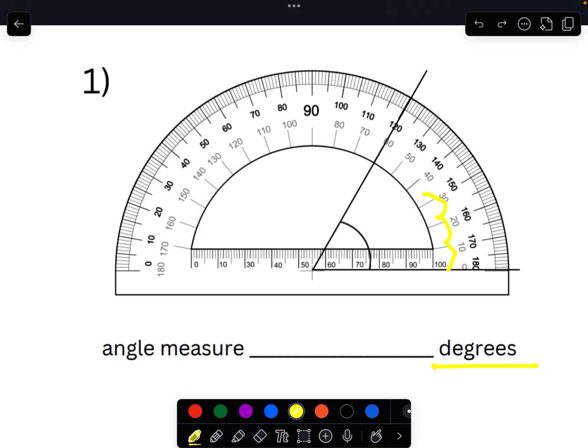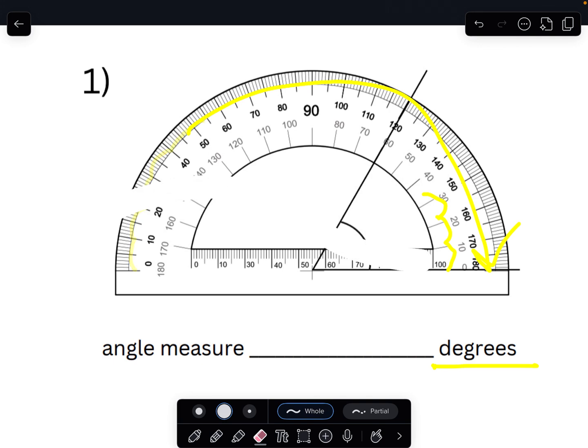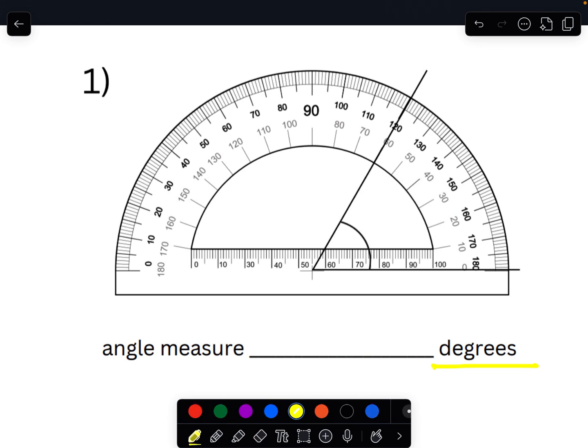But we also have numbers on the top, and they similarly go from 0 to 10 to 20 to 30 to 40 and so on, all the way to 180 that way. So how do we know when we are measuring an angle which one to use? Do we use the numbers on the bottom, or the numbers on the top?